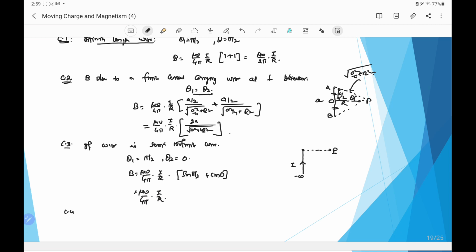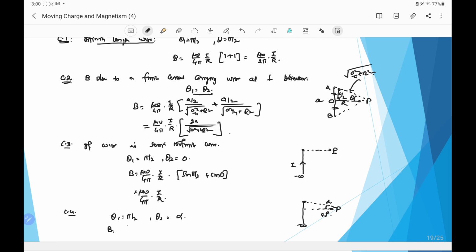Similarly, one more case is, suppose this is the infinite wire from minus infinity, and this has the termination end at this point, and point P is here. This makes an angle alpha at point P, at one end of the wire. This is the angle alpha, and the other is minus infinity, so this subtends an angle of 90 degrees or pi by 2. So in this case, theta 1 is pi by 2 and theta 2 is equal to alpha.